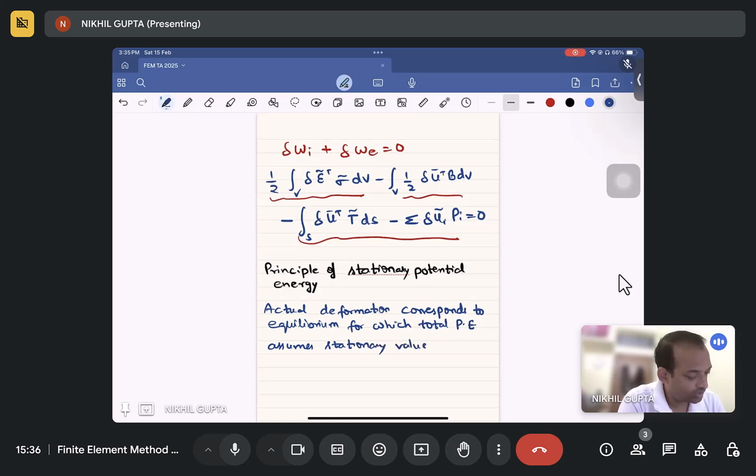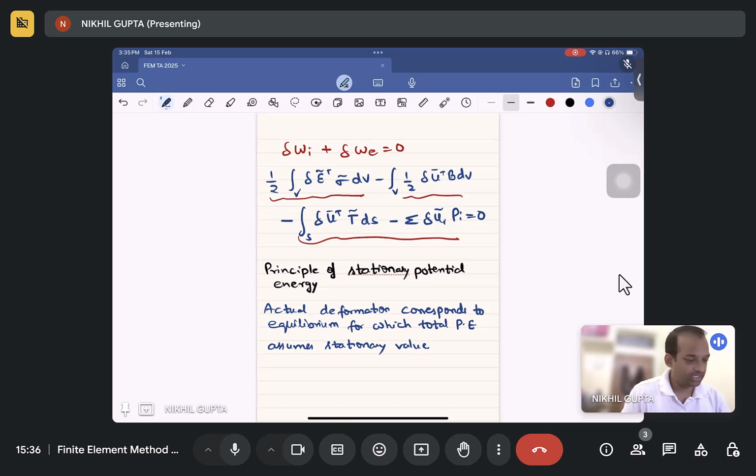Is it fine or should I explain this? Any system is in equilibrium only when the potential energy of the system is minimum. Okay, so this is the potential energy principle.